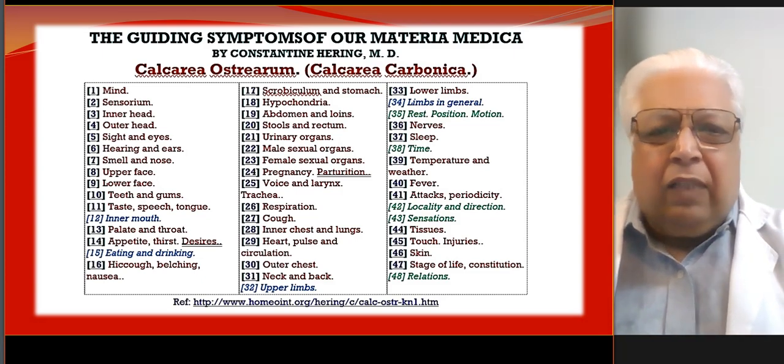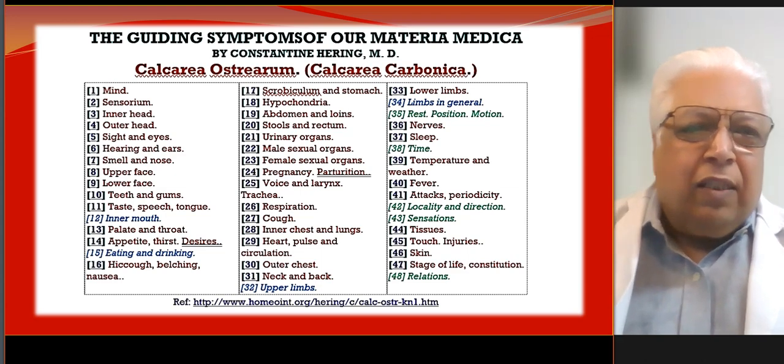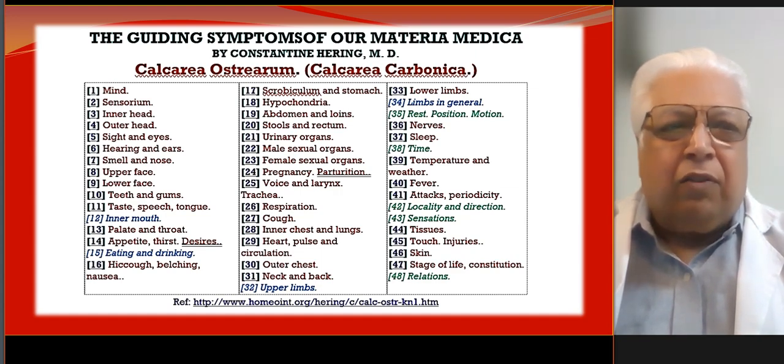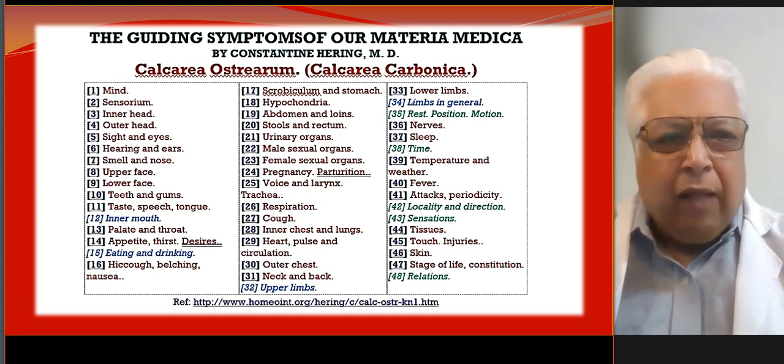These are 48 sections he has used where he deals with the remedy, and this remedy has got certain distinctions. In this particular work, he uses 4 grades to denote the importance or the value of the symptoms.